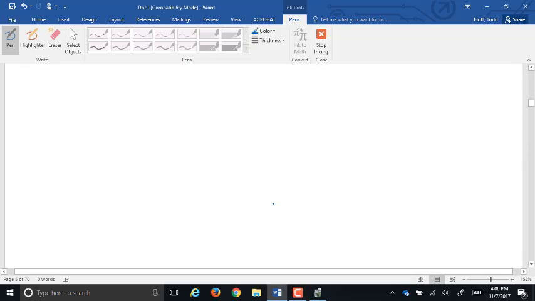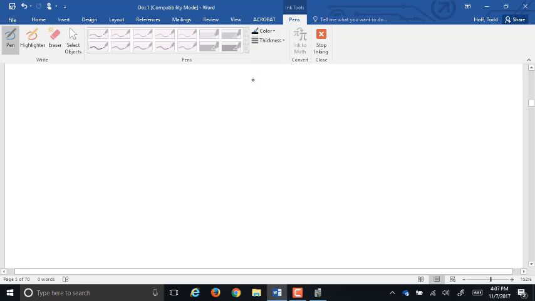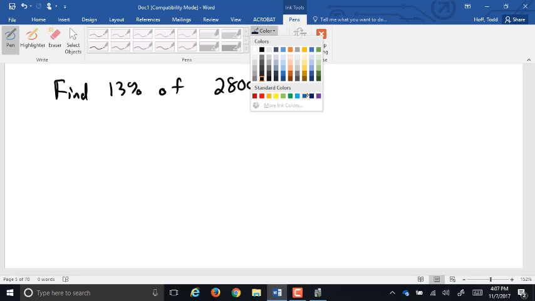So anyway, these benchmarks can actually help us do some rather complex calculations. For example, if I ask you to find, let's do 13% of 2,800.